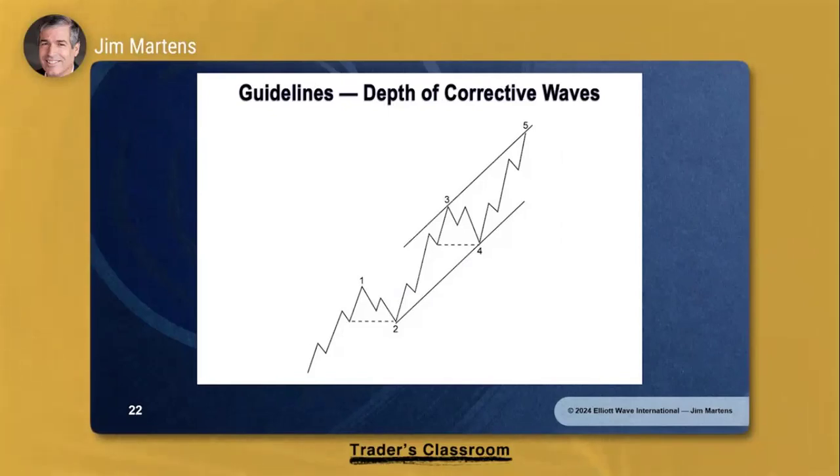I use this guideline, almost called it a rule, often. This guideline gives me the first idea of where a correction might end, but it's not the only method of identifying where a correction might end.